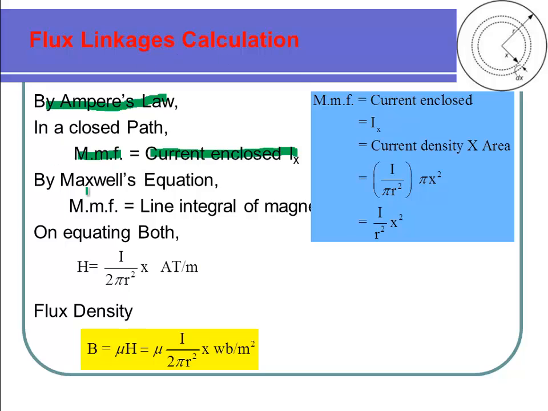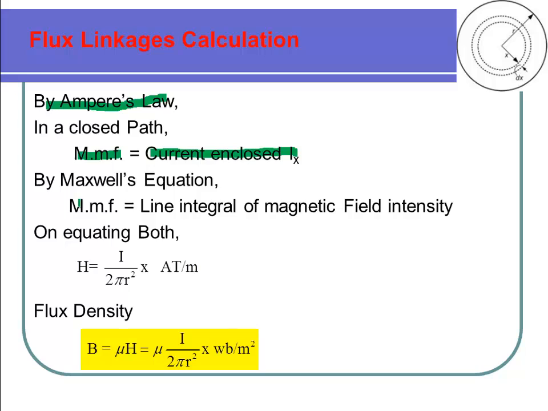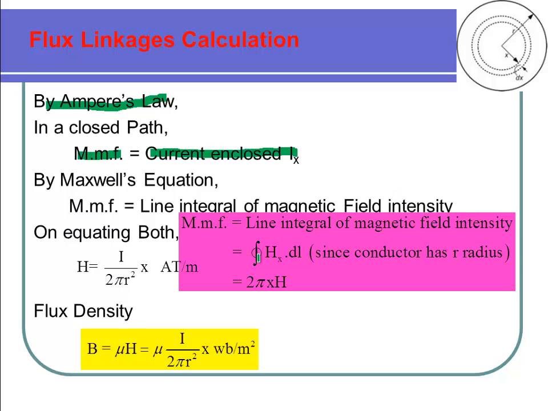Now we realize it through Maxwell's equation. The same MMF is equal to the line integral of the magnetic field intensity, that is, the line integral of Hx into dl.